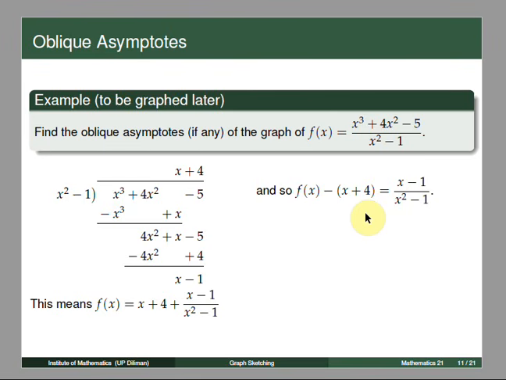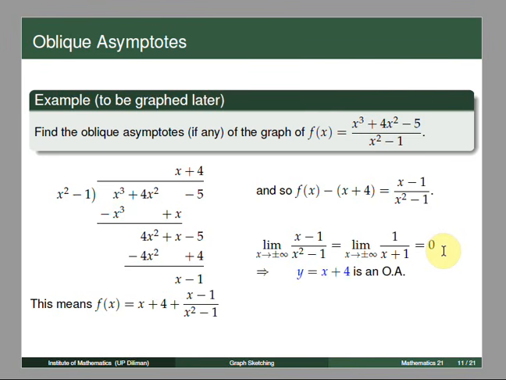Hence, to verify that indeed it is an oblique asymptote, we only need to check whether the limit of this goes to 0 as x approaches infinity. And indeed, if we take the limit as x approaches plus or minus infinity of x minus 1 all over x squared minus 1, we should get 0. This verifies that the oblique asymptote is y equals x plus 4.